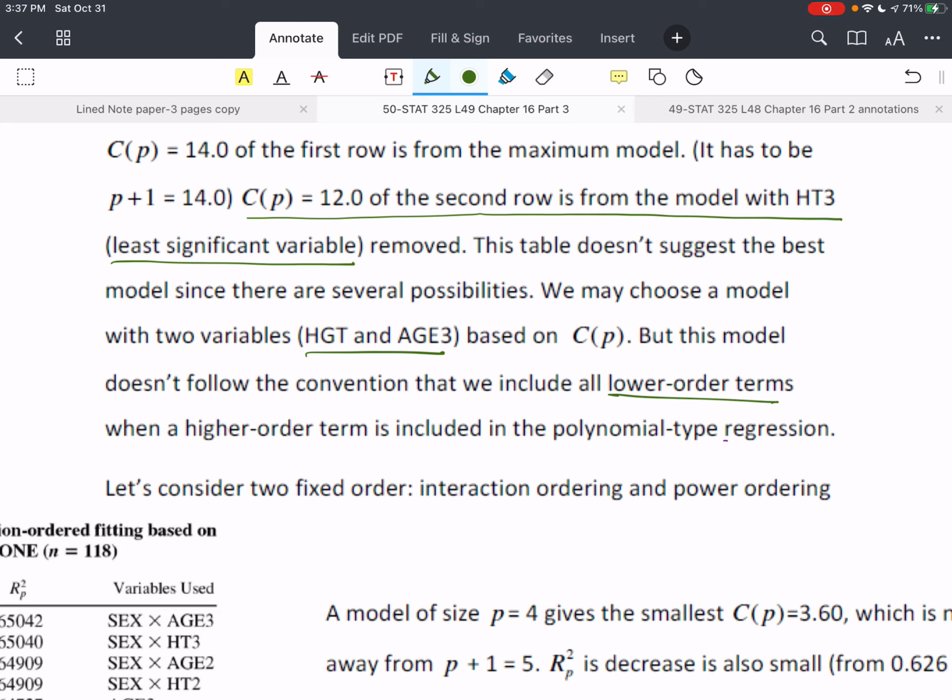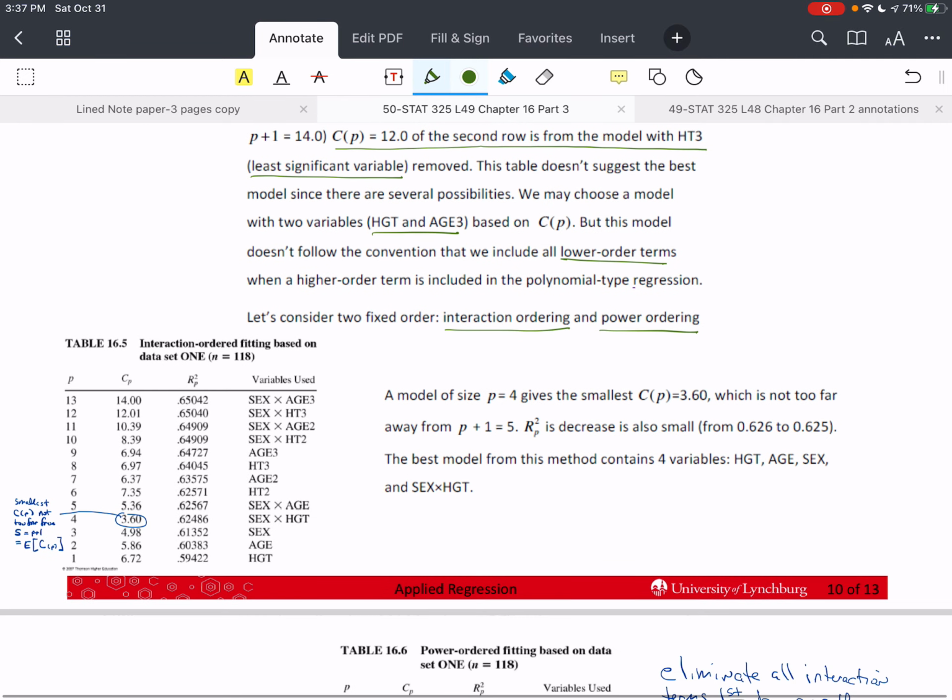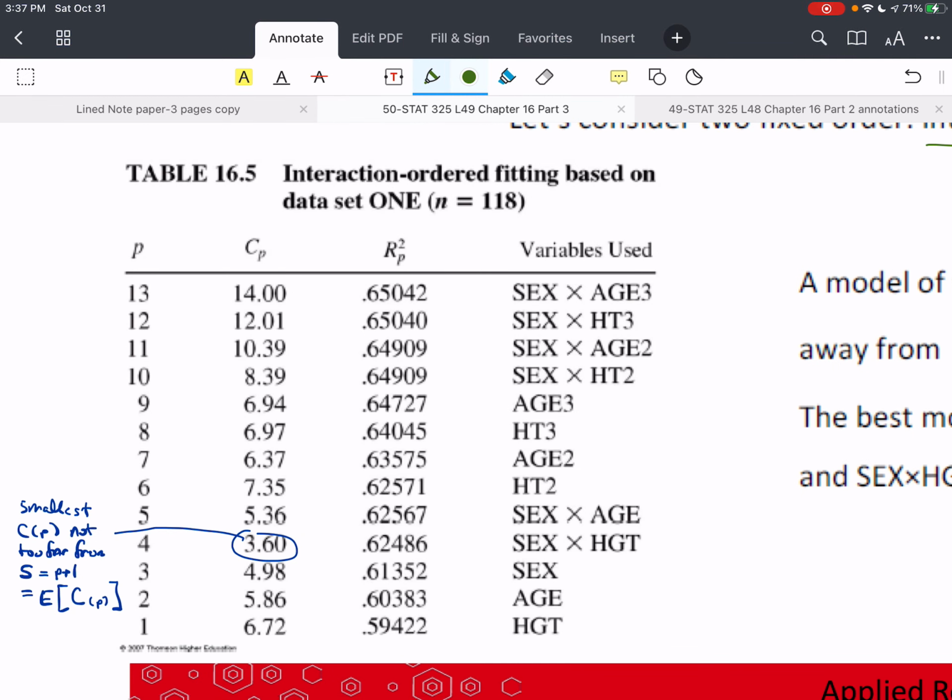So we're going to look at two different ways of doing this: interaction ordering and power ordering. So the first is the interaction ordering, okay? So again, this is backward selection. So this is interaction ordered, fitting based on data set 1 again.